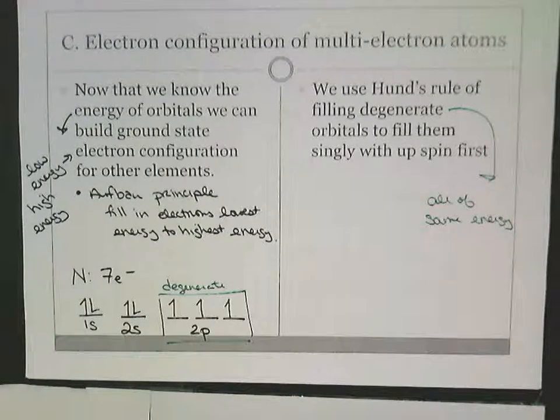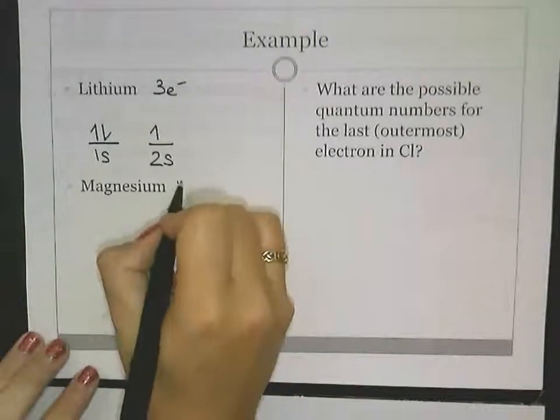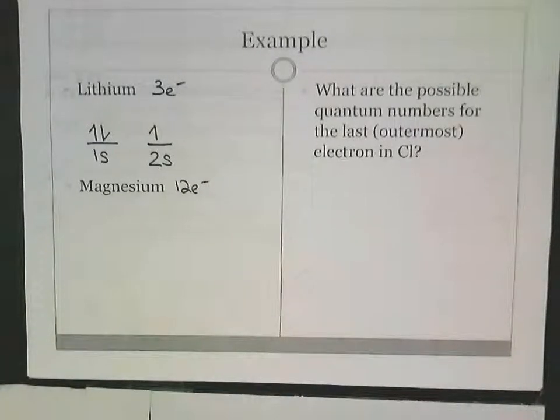Okay, we're ready to go back and try magnesium. Challenging magnesium. All right, so we have magnesium. Magnesium has 12 electrons. So what is the first platform called for magnesium? It will always be 1s.